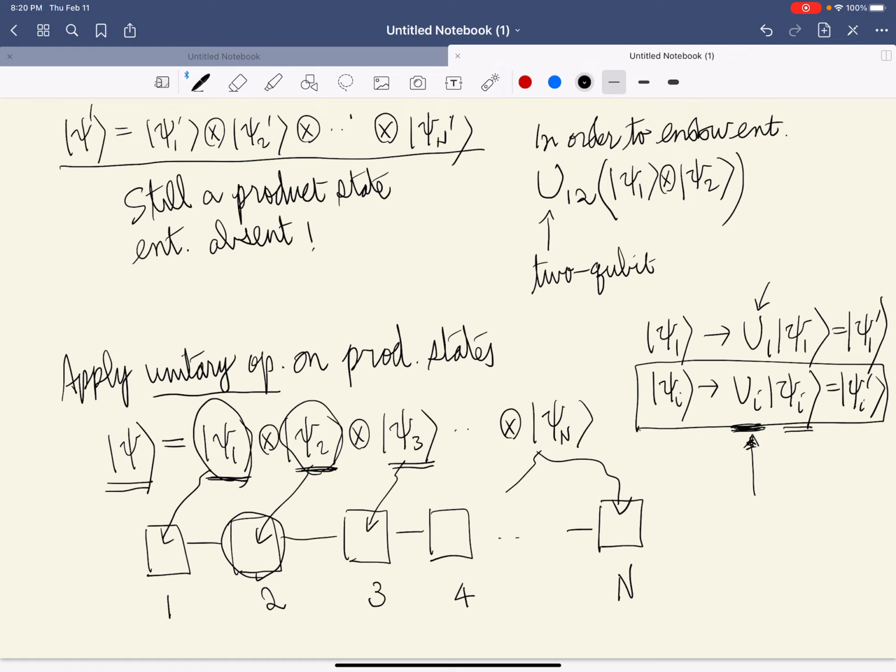Okay, and because this unitary operation now acts simultaneously on both the qubit 1 and the qubit 2, there's a possibility that the resulting 2-qubit state, which I will denote as a psi 1 2 prime, is no longer factorizable. It can no longer be expressed as a direct product of the individual qubits. And therefore, the result after performing the 2-qubit unitary operation is a wave function that has been entangled.